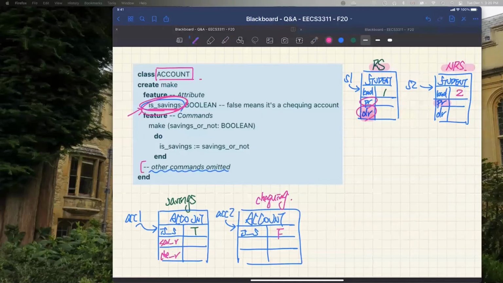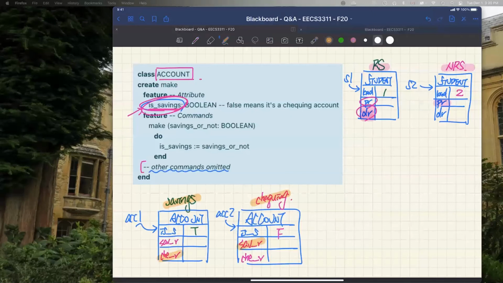And here you have a savings rate and also a checkings rate. Now let's think about what's not cohesive. When we talk about a savings account, apparently the checkings rate will not be cohesive. It's not consistent. And when you talk about a checking account, the savings rate will not be compatible. That's how it would violate the cohesion principle.